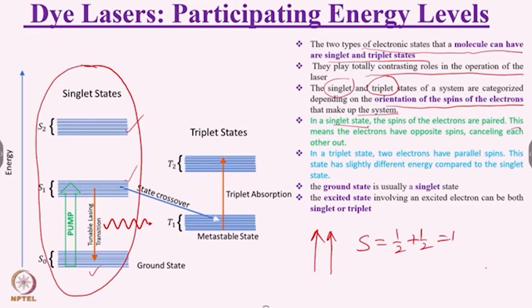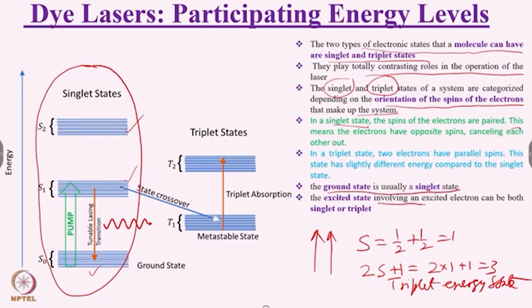So the degeneracy of the level in this case is 2s plus 1, that is 2 into 1 plus 1 equal to 3. That's why this is described as a triplet energy state. The ground state is usually a singlet state, while the excited state that involves an excited electron can be either singlet or triplet.